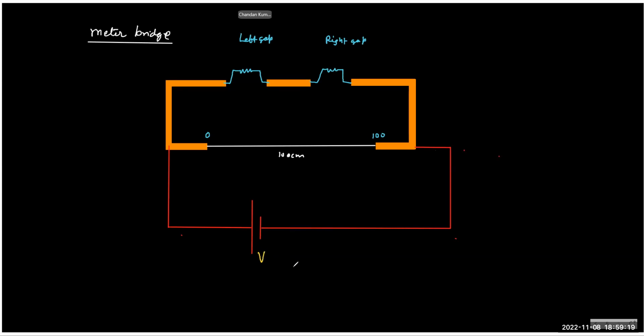So now these are like, oh, this is too big. Let me get simple. And we put a meter scale across the wire so that you can read the jockey position.